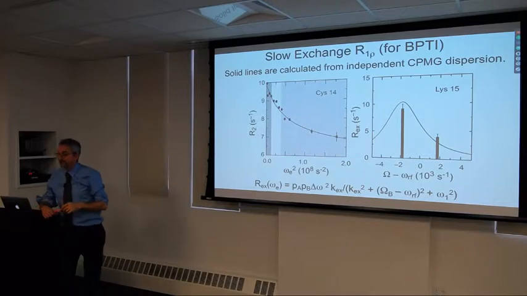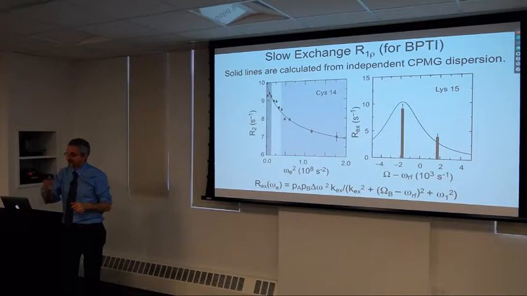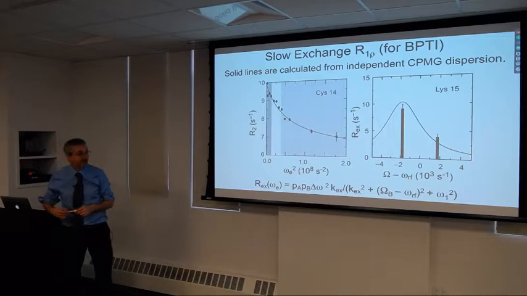The equations that we showed for R1ρ, and remember, said that R1ρ is sensitive to the offset from the minor species. So that if we made measurements at different RF offsets, different values of ω_RF, we could find where the minor state was, because that would be a maximum in the R1ρ rate constant.